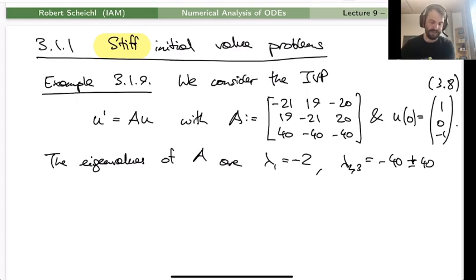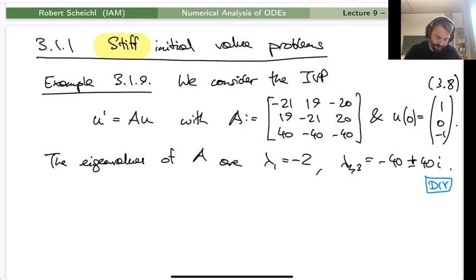So they're complex valued, lambda 2 and lambda 3. So this you can do yourself. To compute these eigenvalues, just write down the characteristic polynomial for this matrix and solve the cubic equation that comes out in this case. Or you can just check that it satisfies the determining condition, because I've given you the eigenvalues.